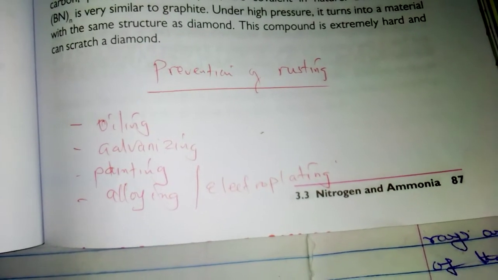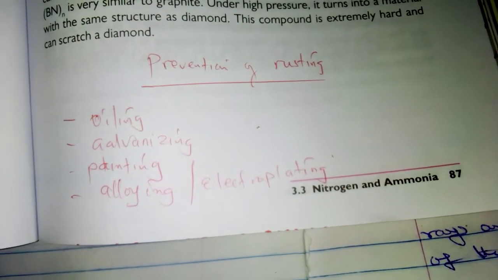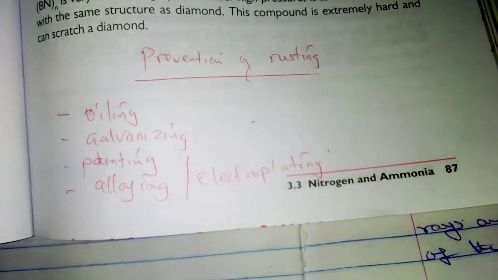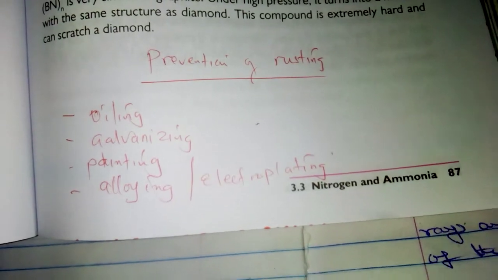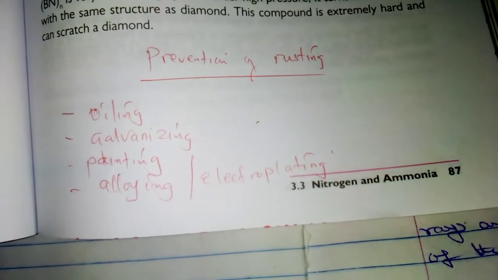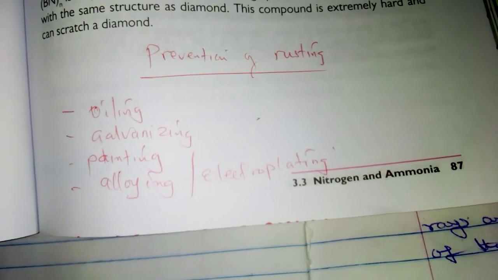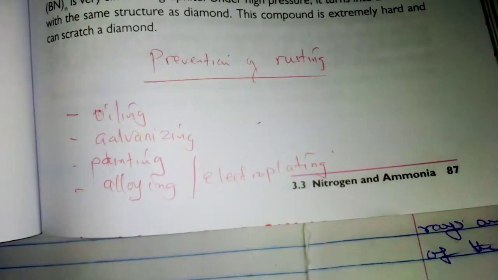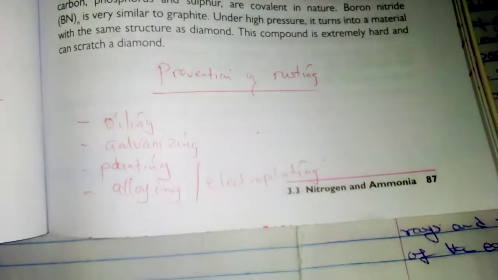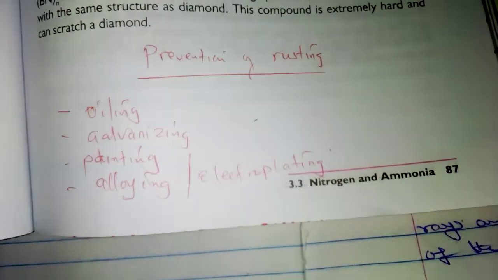Zinc is highly reactive in the reactivity series. So when anything gets in contact with zinc, zinc will easily react, protecting the iron. Painting, we know what painting is all about. Then alloying or electroplating. We discussed earlier that alloying simply means mixing metals. So this is how you prevent rusting.